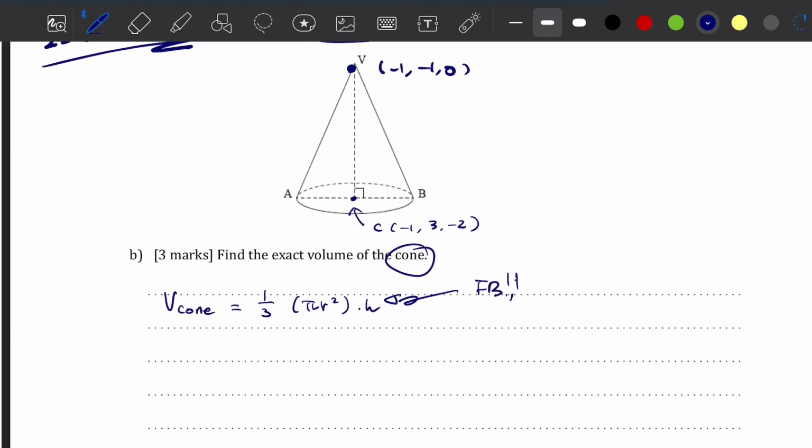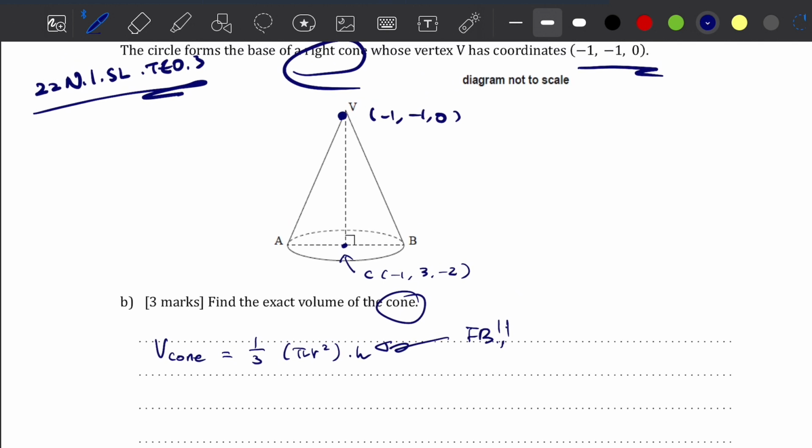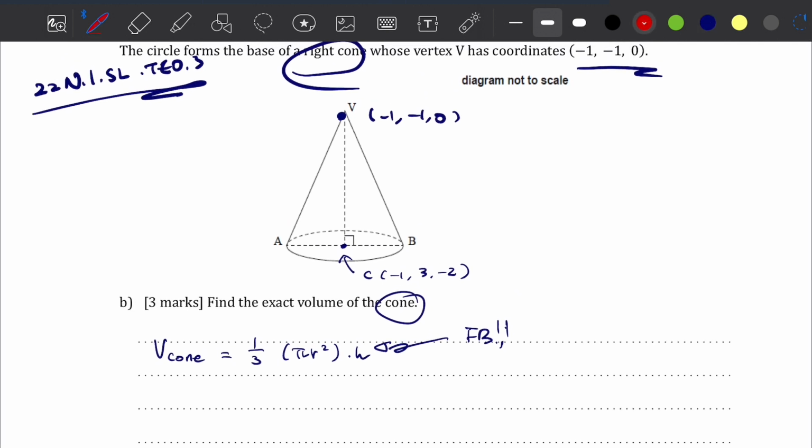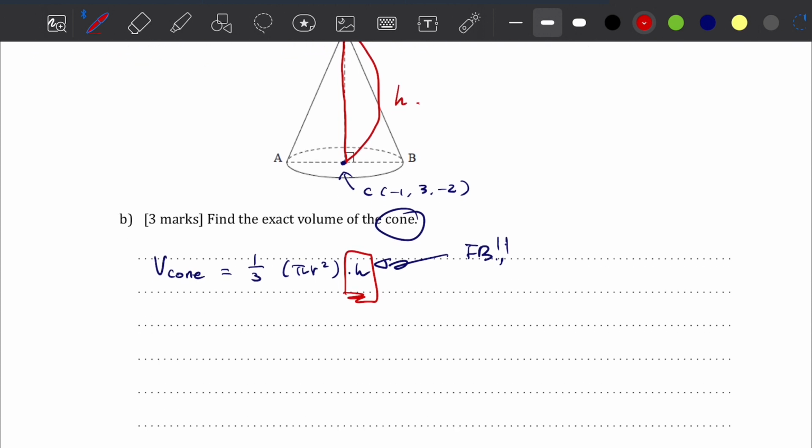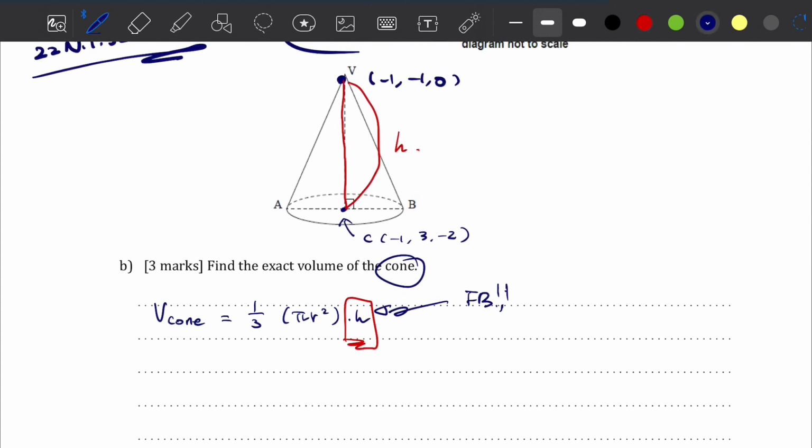So we first have to calculate the height. This is the only information that we are missing. The height is between the vertex and the center. So we are going to again use the distance formula to calculate the distance between the vertex and the center.